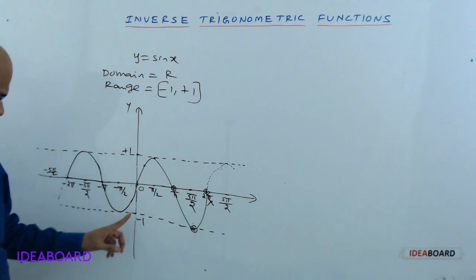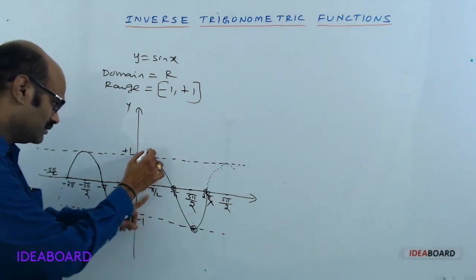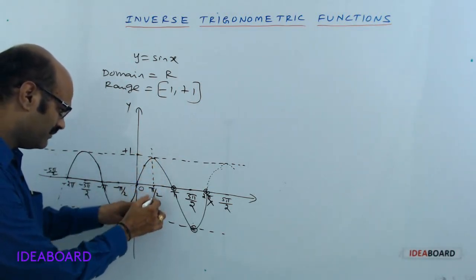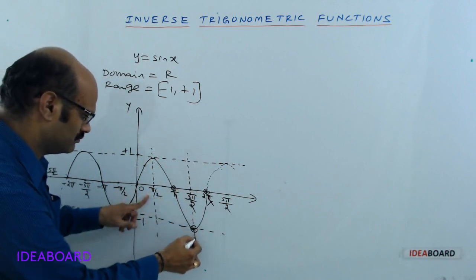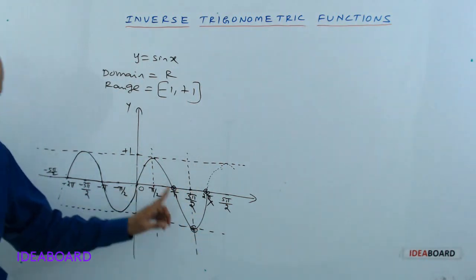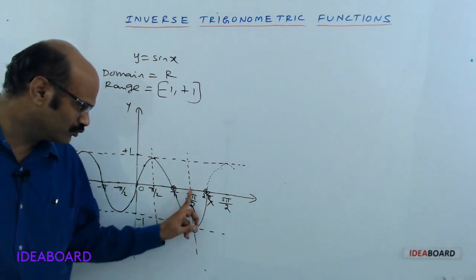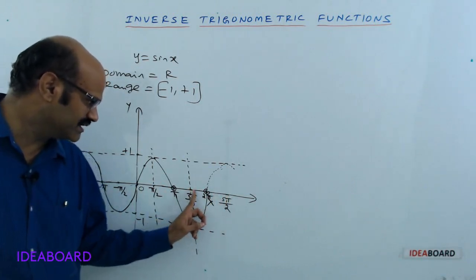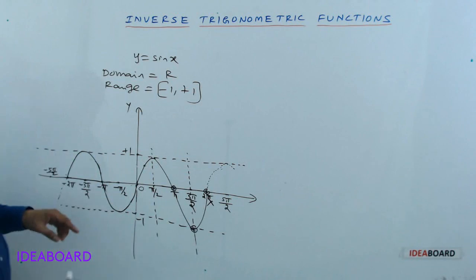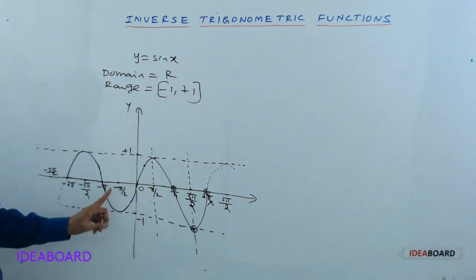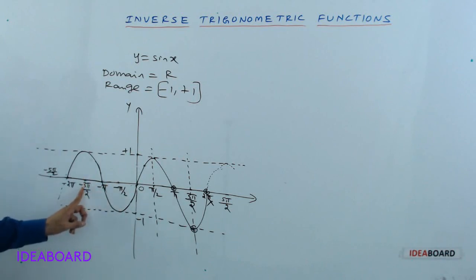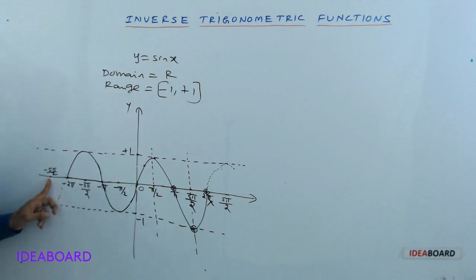Similarly, the graph is bijective in the interval pi by 2 to 3 pi by 2. Also from 3 pi by 2 to 5 pi by 2, it is bijective. Also in the intervals minus pi by 2 to minus 3 pi by 2, and minus 3 pi by 2 to minus 5 pi by 2.